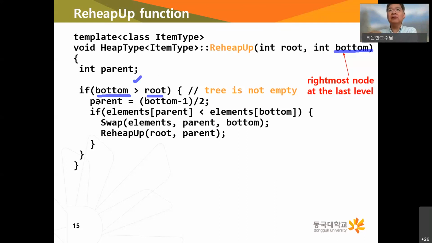So here parent index, 바텀에서 1 빼가지고 2로 나누면 parent index가 나오거든요. 그러니까 그때 you have to compare the parent and the bottom element. If the bottom is greater than the parent, in that case, you have to swap, right? So here's a swap, and then you have to recall again by calling reheap up, right? 여기 parent부터 다시 reheap up을 해주면 되죠. 자, 여기 이해가 되나요?